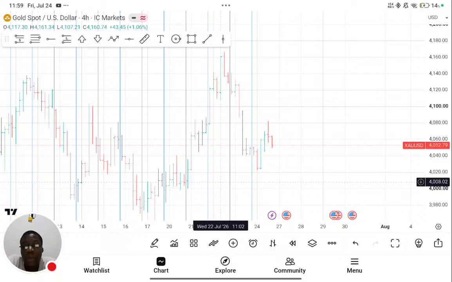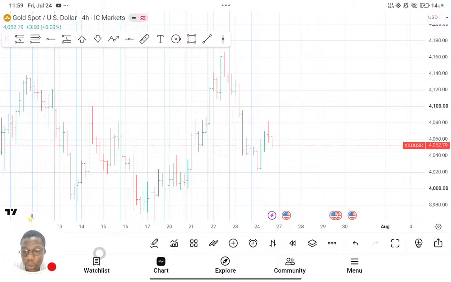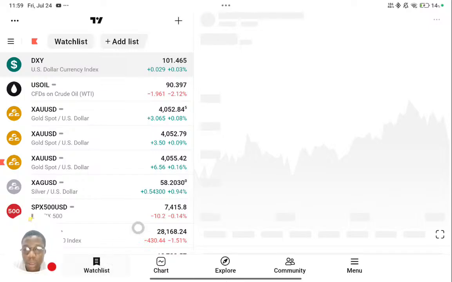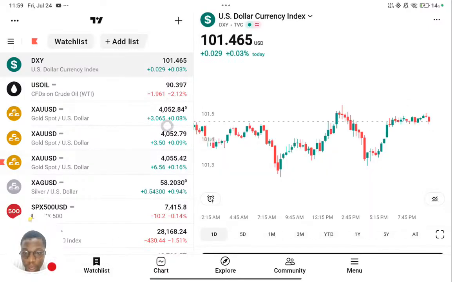Before, they traded based on fundamentals and price quotes. What are price quotes? They trade purely off these numbers. These numbers we are seeing here, these are what they call price quotes. So before now, people just used price quotes.